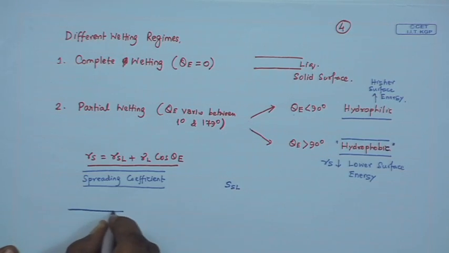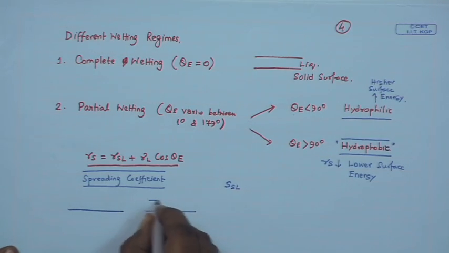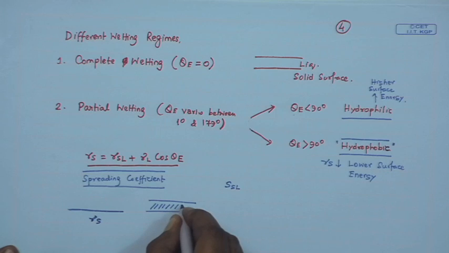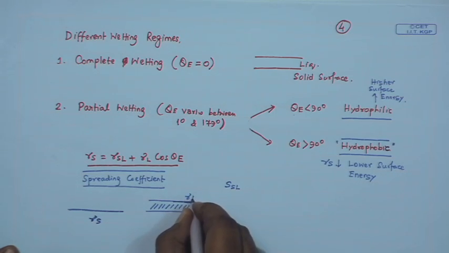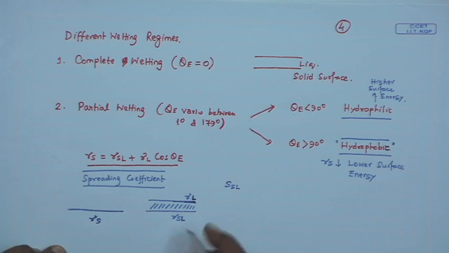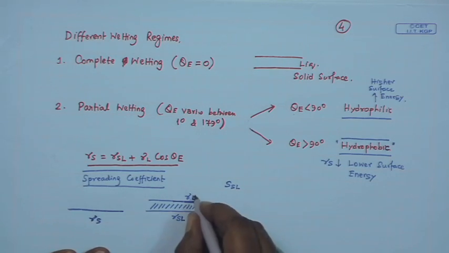All you need to remember is this particular picture. Suppose you had a pristine surface which has surface energy gamma s, and then you put a liquid on it in a manner as if the liquid forms a film. Do not worry about what the equilibrium contact angle is when you are defining the spreading coefficient. Of course, all the considerations are valid. So, if the liquid spreads fully on the solid surface, this is going to be the configuration.